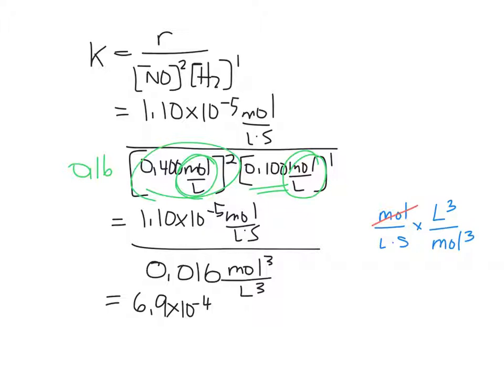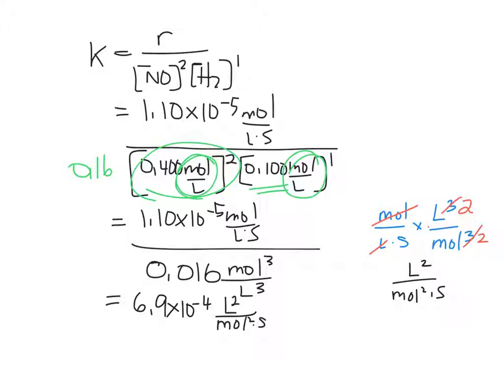So moles reduces, liter reduces, and our units are liters squared over mole squared times seconds. We're going to see some pretty weird units for our K in this rate unit. Okay, so there's your K value.